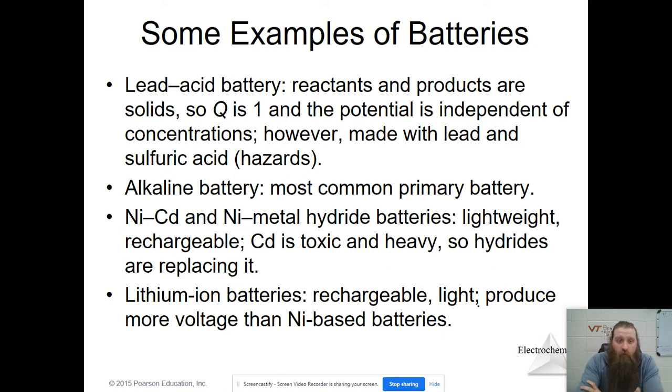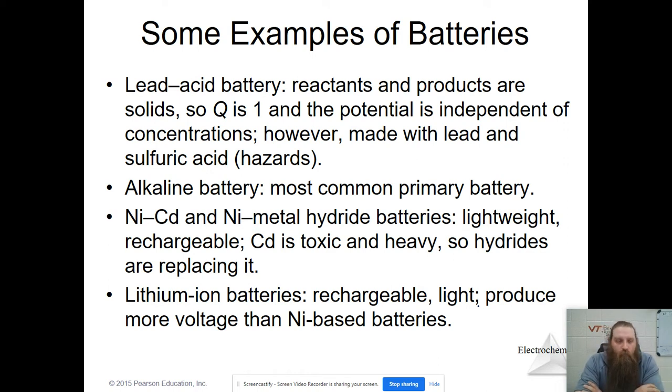That's really good if you are a battery in a car, which needs a good 12-volt shock of electricity to get the engine turned over. And if the battery is cold or not fully charged, we need that EMF to be constant. The problem is that a lead-acid battery is made with lead and acid, both of which are things we don't really want out in the environment.